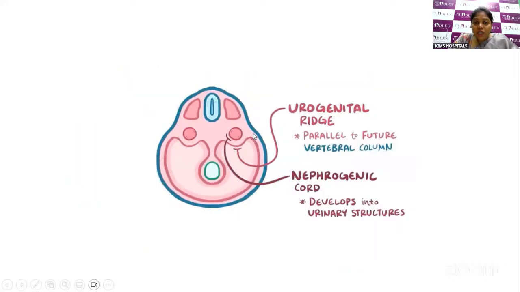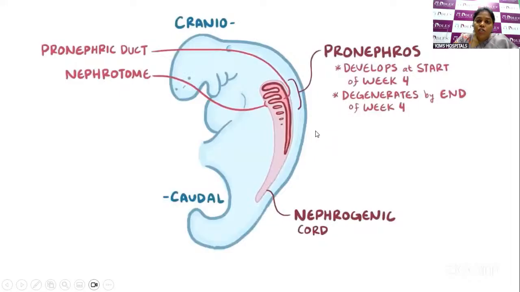The intermediate mesoderm forms a cylindrical structure called the urogenital ridge, which runs parallel to the future vertebral column. Along with that it forms the nephrogenic cord, which develops into the urinary structures and runs in a craniocaudal direction.